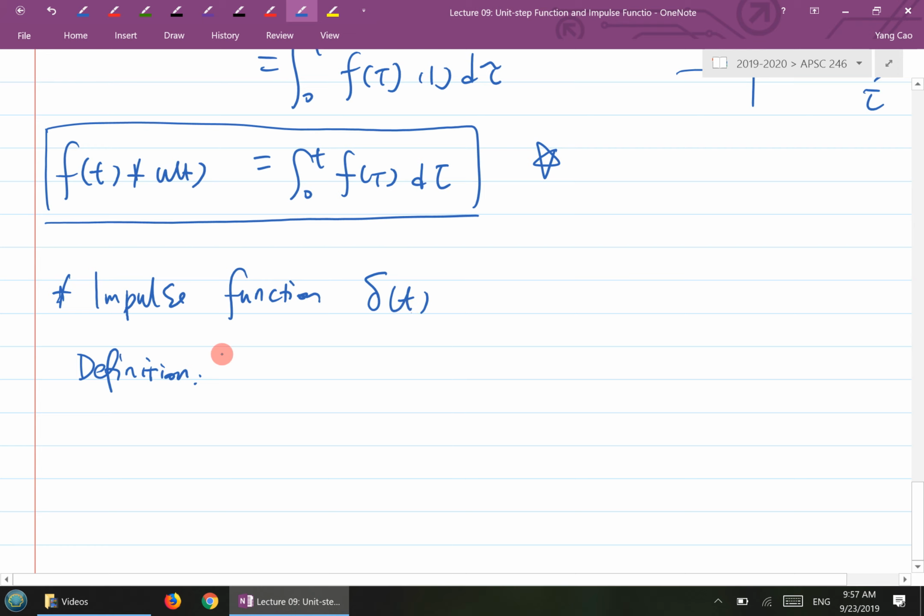And the definition essentially says delta t will be 0 for t not equal to 0, and for t equal to 0, it's infinite. Sometimes textbooks call it undefined.